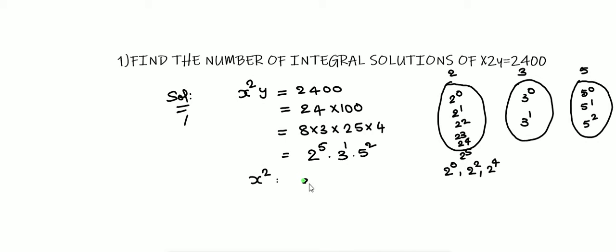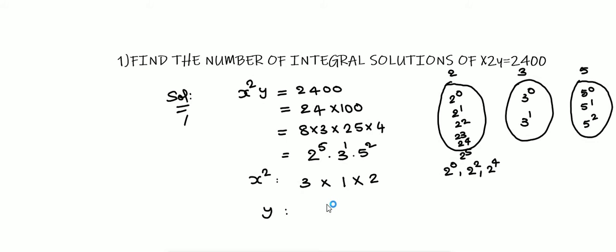So that can be expressed in 3 different ways. Coming to the second group, if you apply the same logic, there is only one such number, which is 3 power 0, that can be in one way. Whereas in the third group, 5 power 0 or 5 power 2, that is two ways. So what is happening for y? When you are coming to y, all remaining factors will go to y in order to make the product 2400.